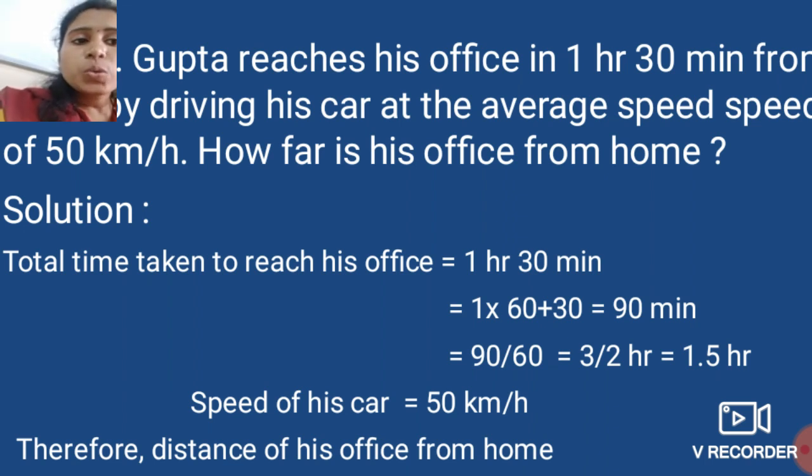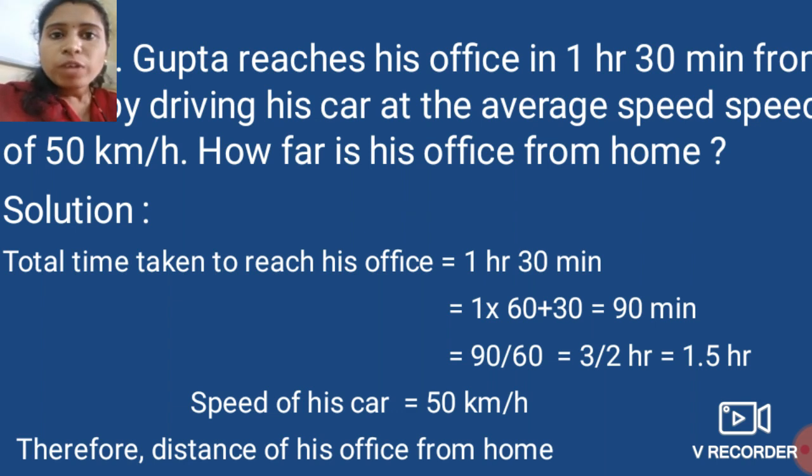So what we will do over here, we have to convert this into hours. 90 divided by 60, what will we get? 3 by 2 hours, which means 1.5 hours.